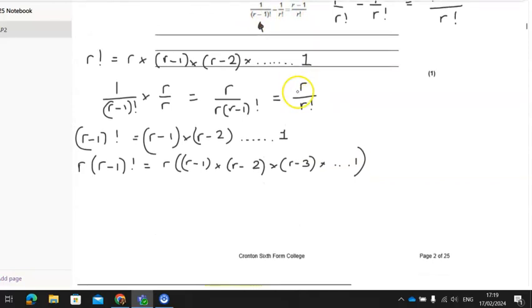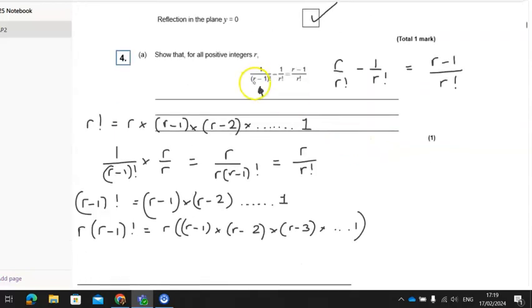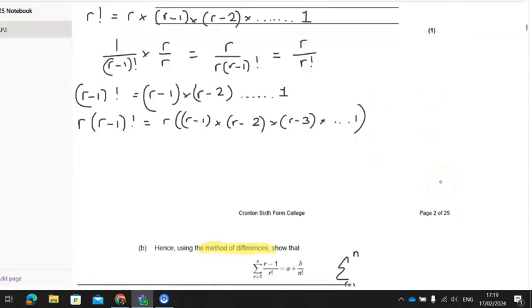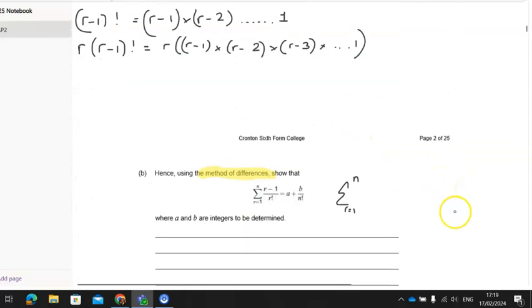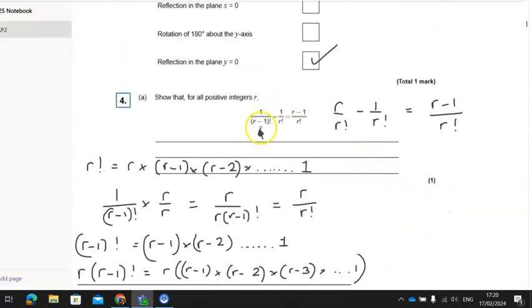That is the same as doing the sum between n and r equals 1 of what's on your left-hand side here: 1 over r minus 1 factorial minus 1 over r factorial, because that is what's on your left-hand side here.